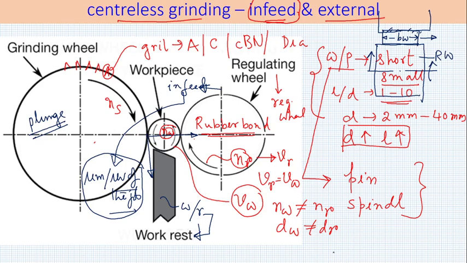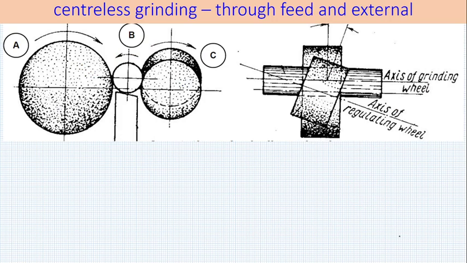The next one that we are going to discuss is not called traverse external centerless grinding, but if someone wants to use uniform terminology, then it would be called traverse external centerless grinding. Historically, it has been given a different name, and we will also call it by that name only, which is through feed external grinding.